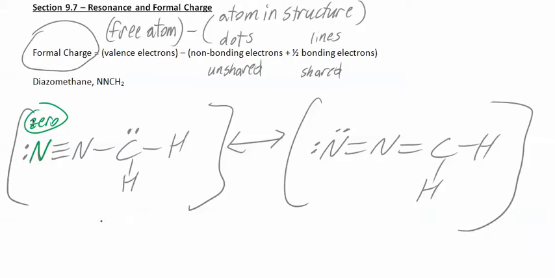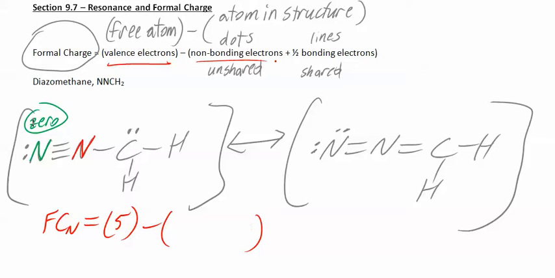Now let's try another atom. Let's try this nitrogen in red. In terms of valence electrons, nitrogen by itself would have 5. So now we'll subtract what it has in the structure. Non-bonding electrons, dots: this red N has no dots, no unshared electrons.